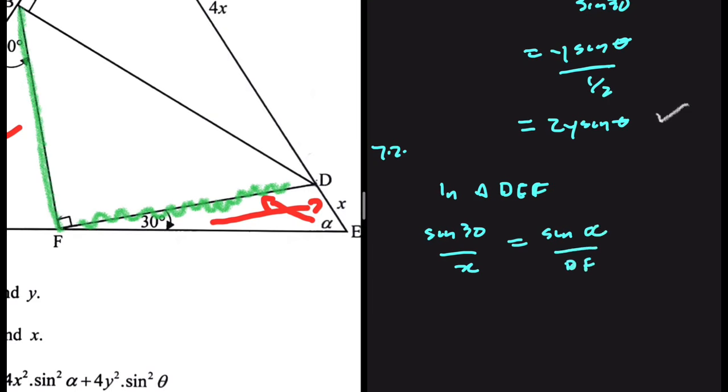Let's cross multiply. Sine of 30 is a half. So we're going to have a half multiplied by DF being equal to x sine of alpha. So DF, if we divide by a half on both sides, we're going to have 2x sine of alpha. So there we go. We have the size of side DF in terms of alpha and x.